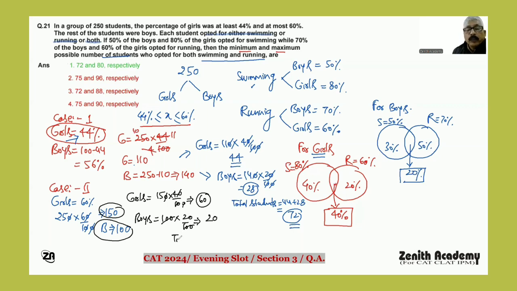So total students in this scenario, 60 plus 20 means 80. So the minimum and maximum possible number of students opted for both swimming and running, 72 and 80. This is your answer.